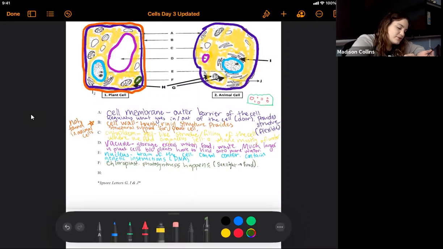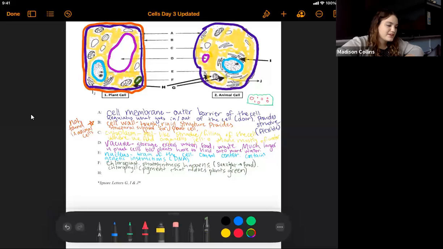Okay, and the chloroplasts also contain what we'd call chlorophyll. And this is a pigment or a color that makes plants green. All right. But once again, we only find that in plant cells.